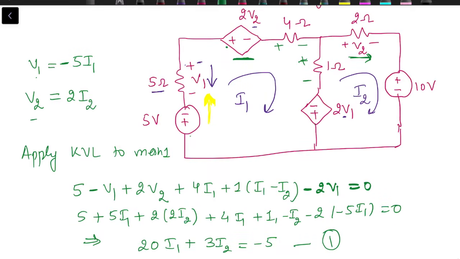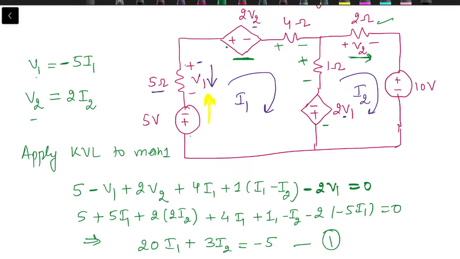Second is apply KVL to mesh 2. Start from this 2 volt source, 2 ohm resistance. Voltage across this 2 ohm resistance is V2. Positive sign first, so plus V2. Then we have 10 volt source, plus 10.